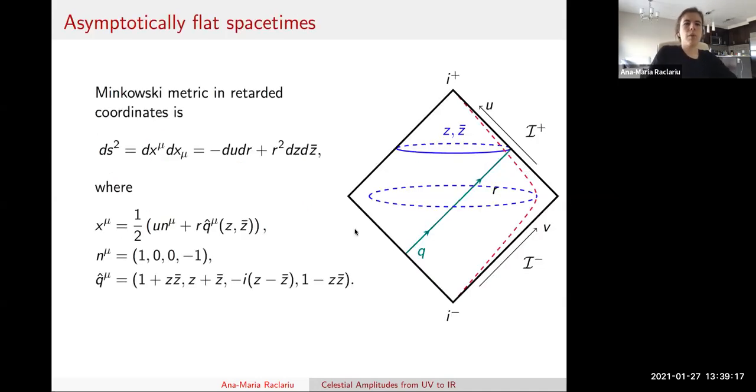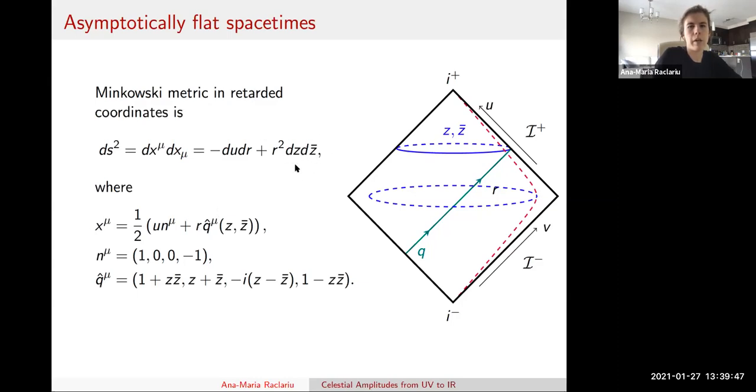Okay, so to begin with, an asymptotically flat spacetime is a spacetime which looks just like Minkowski space as you go to infinity. So here we have a Penrose diagram for Minkowski space. So this is a diamond. Each point inside the diamond is labeled by these coordinates x mu, which can be expressed in terms of spherical Minkowski coordinates r and z and z bar.